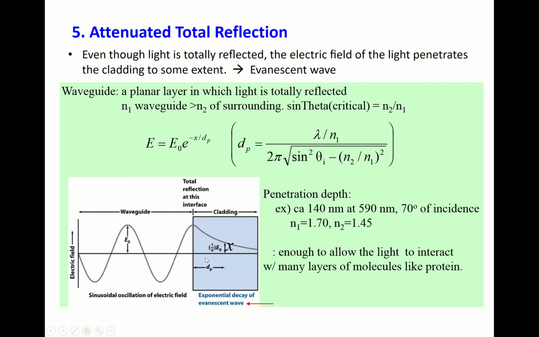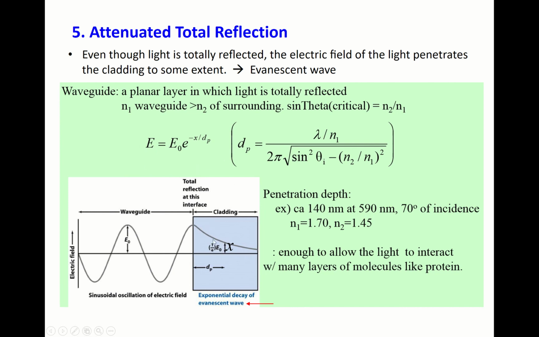That's called attenuated total reflection. Total reflection is okay, but the intensity is a little bit attenuated. And this wave on the other side is called the evanescent wave. This electric field decreases with respect to distance, and the equation is this one.